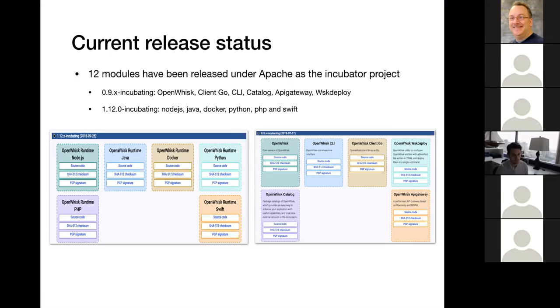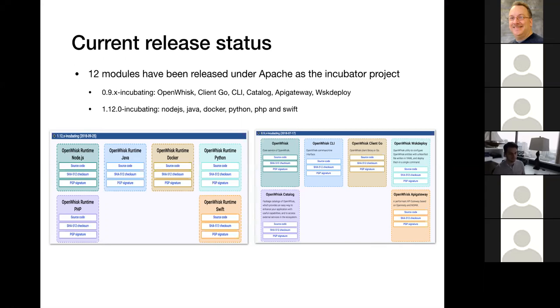So far we have all the 12 modules which we discussed a few months ago as the first release for the OpenWhisk project. So currently we have all the 12 modules available for download, already officially released on the Apache OpenWhisk project.